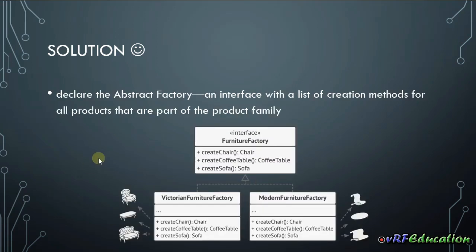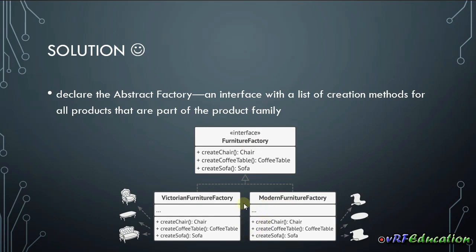And then we declare an abstract factory, an interface or an abstract class with a list of creation methods for all products that are part of the product family. So here we have a furniture factory. It contains three different methods: create chair, create coffee table, and create sofa. And then we are going to create three different factory classes in this example that inherit from this abstract class: Victorian furniture factory, modern furniture factory, and the other one, for example, art deco furniture factory.